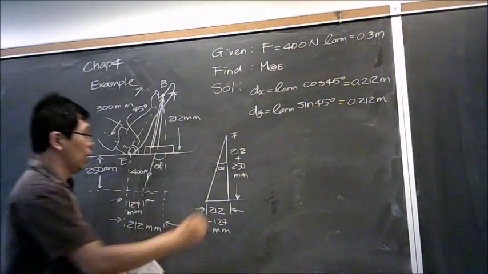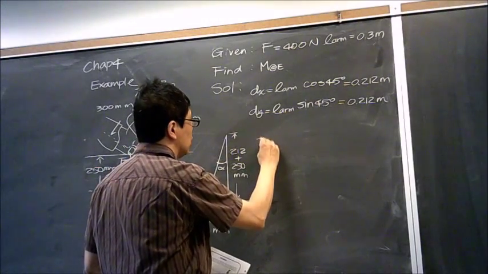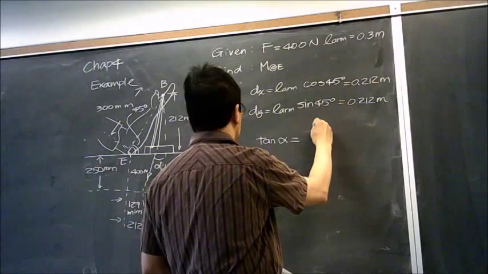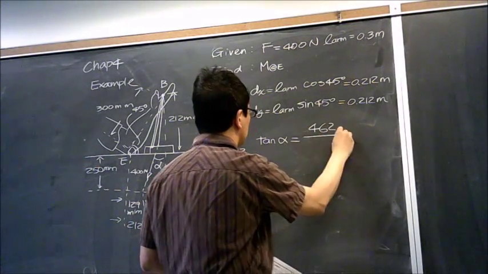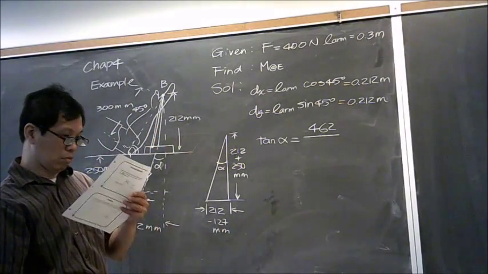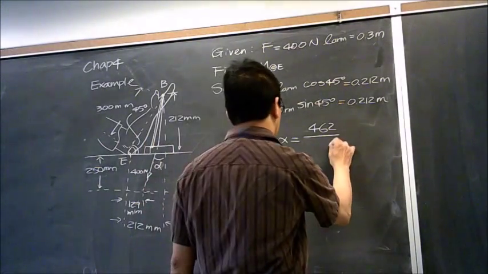Okay, and I'm looking for alpha over here. So we know that tangent alpha equals to 462 over 85.